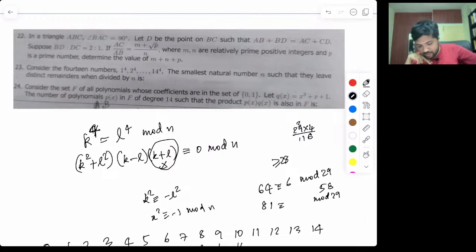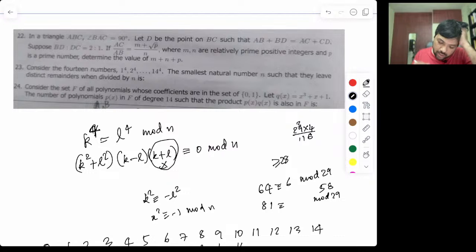Certainly bigger than 28 for sure. Can I say more? They should all be distinct. How do I do this?